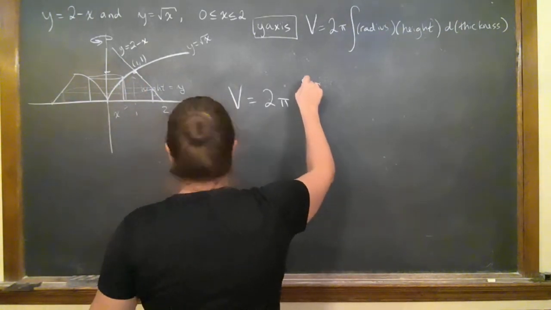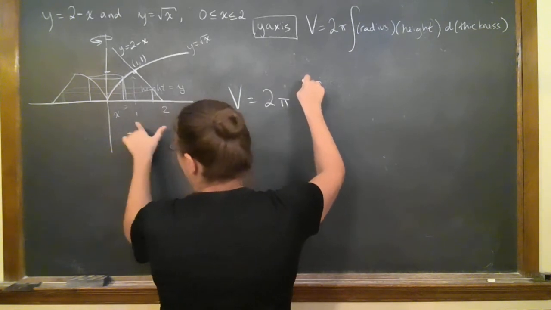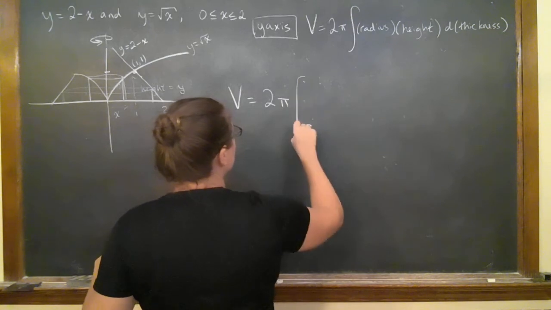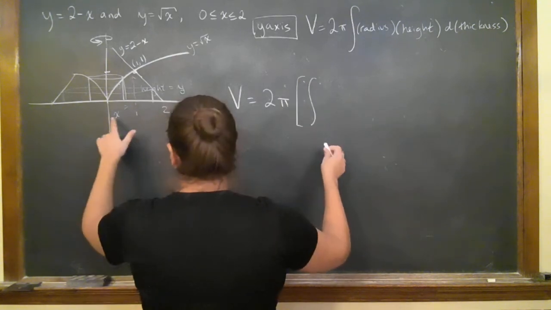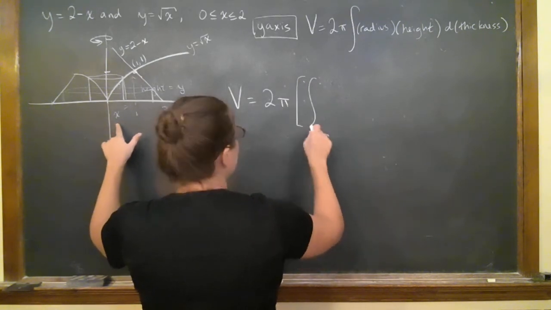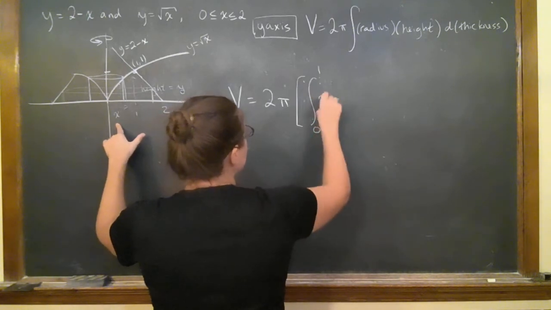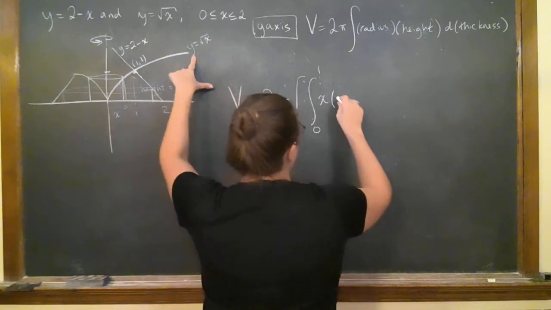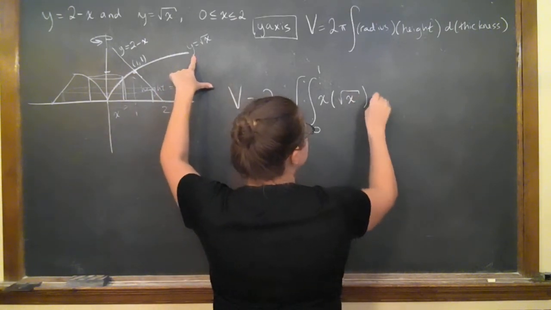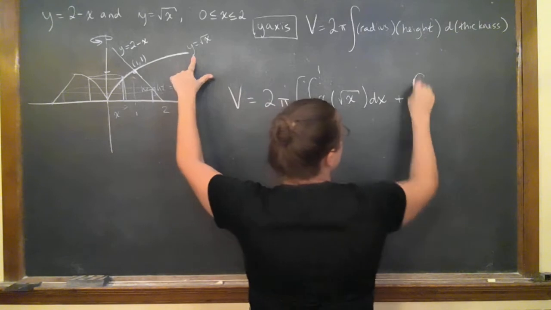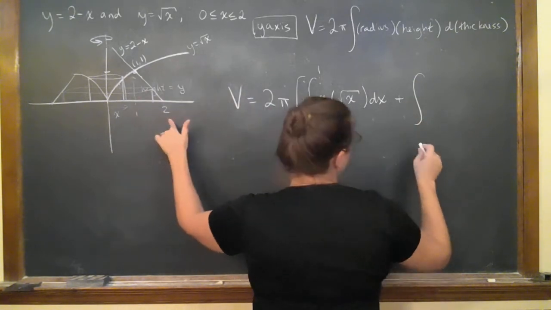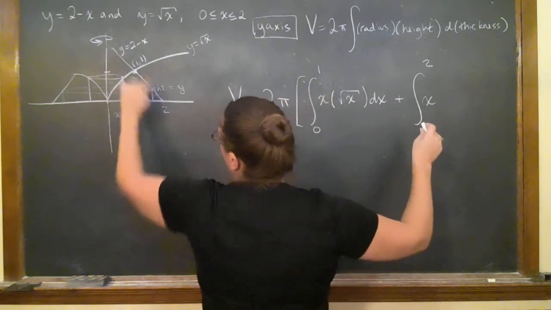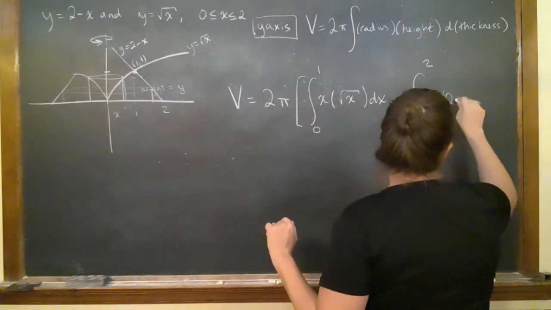So the radius is still going to be x, and it's still with respect to x, but I'm going to have to do x going from 0 to 1, where I'm hitting this curve, so my height y is square root of x, and then on the next part, from x going from 1 to 2, I'm going up and hitting the line, so my y is this.